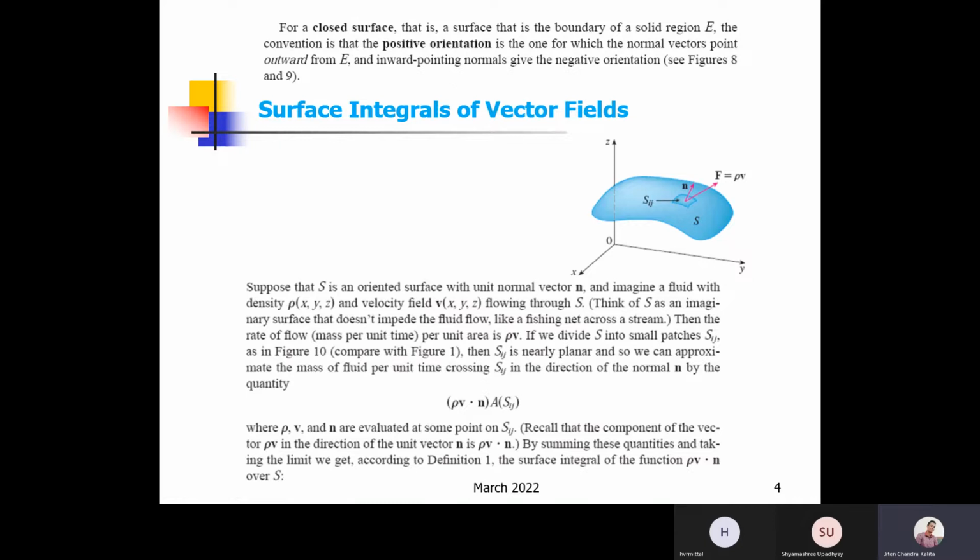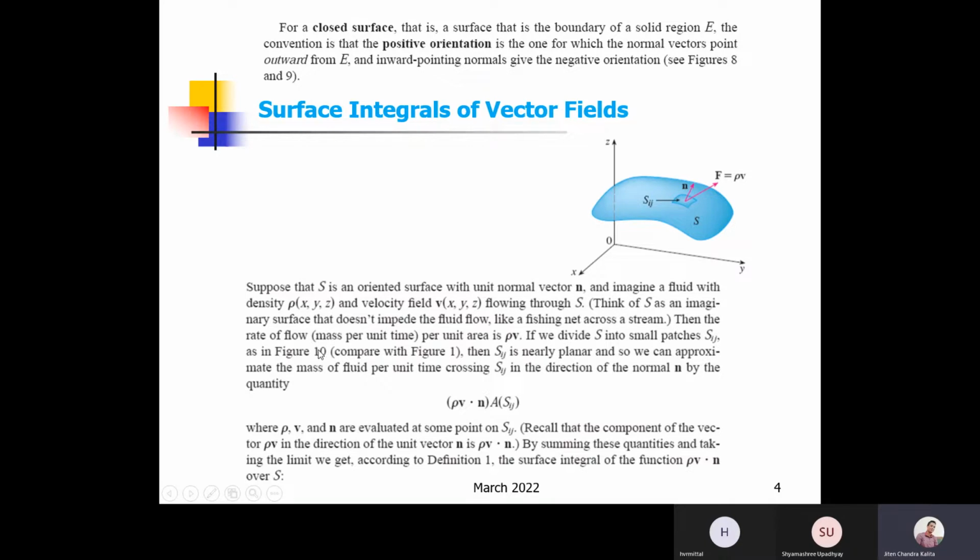You can consider that to be some solid region E, bounded by that surface S. Suppose S is an oriented surface with a unit normal vector N like this, and imagine a fluid with density rho(x,y,z) and velocity v(x,y,z) flowing through this S. Think of S as an imaginary surface that doesn't impede the fluid flow, like a fishing net across a stream. Then the rate of flow, mass per unit time per unit area, is rho v.